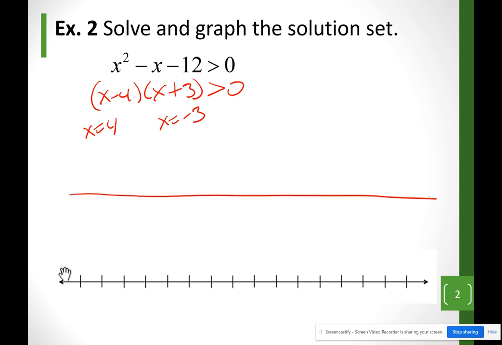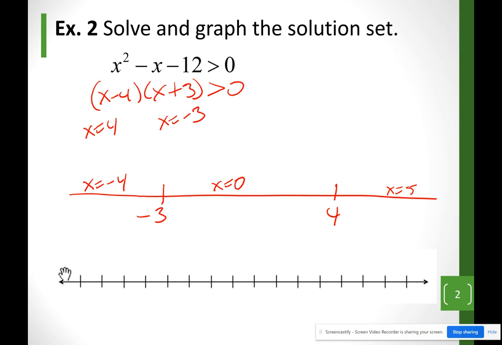On my number line, I'm just going to find negative 3 and 4. And the way I'm going to do this, let me find any number to the left of negative 3. So any number less than negative 3. Just to choose a number, I'm going to choose negative 4. And then any number between negative 3 and 4. Just to choose one, I'm going to choose 0. And then any number bigger than 4. Just to choose one, I'm going to choose 5. It doesn't matter which one, just any number.